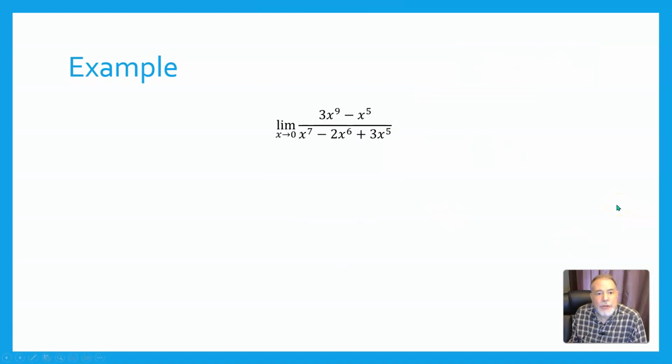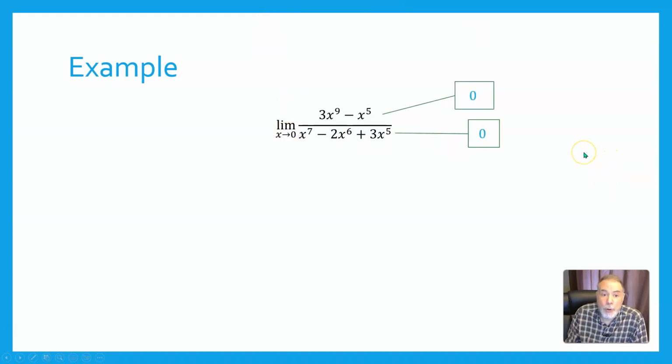What about this one? The limit as x approaches 0 of (3x to the 9th minus x to the 5th) over (x to the 7th minus 2x to the 6th plus 3x to the 5th). So what happens to the numerator and what happens to the denominator as x approaches 0? Well, they are both approaching 0, since each individual term involves x to some power.